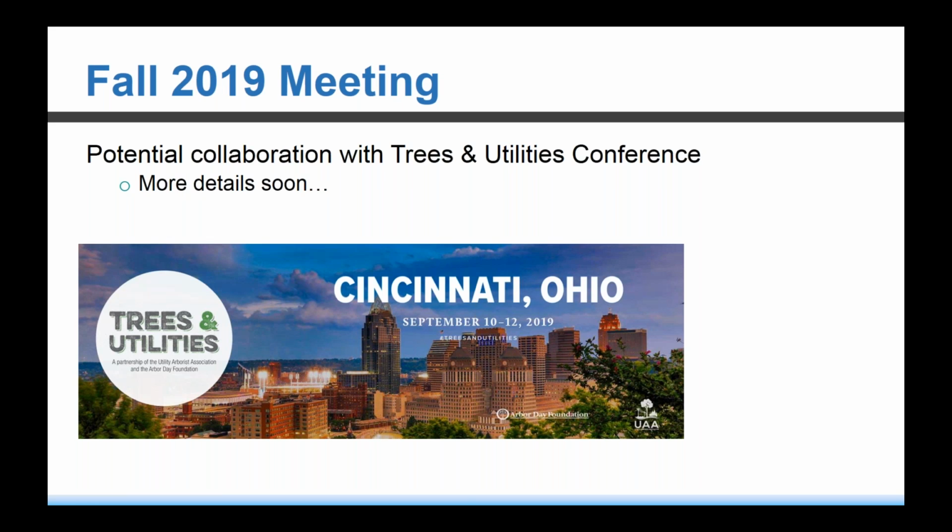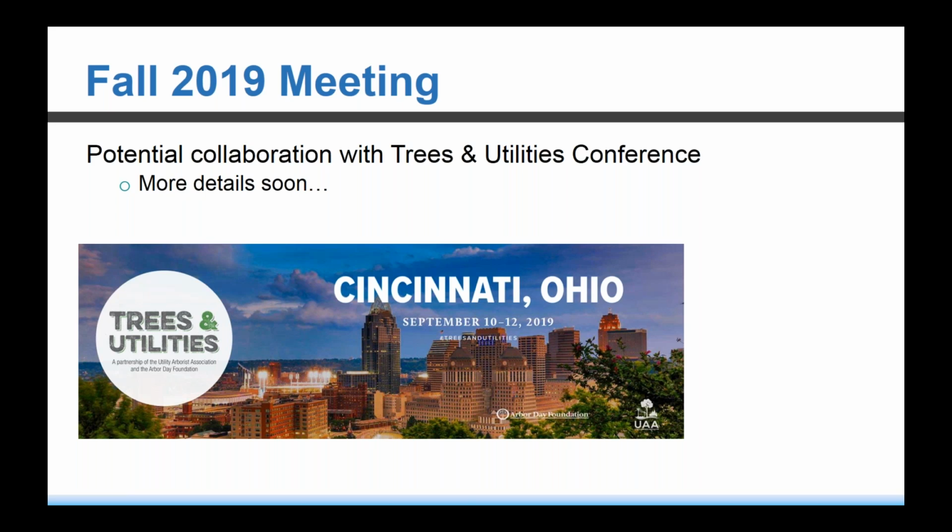I wanted to float a half announcement, I'll call it. We are in discussions with the Trees and Utilities Conference, Utility Arborists Association, about potentially co-locating our fall meeting at their conference in Cincinnati in October.